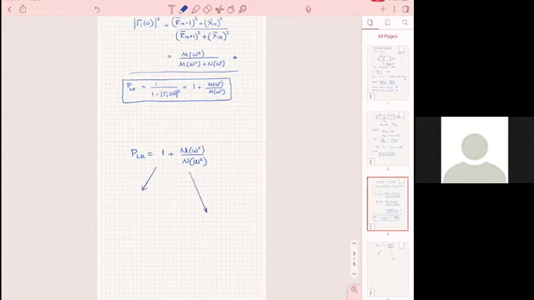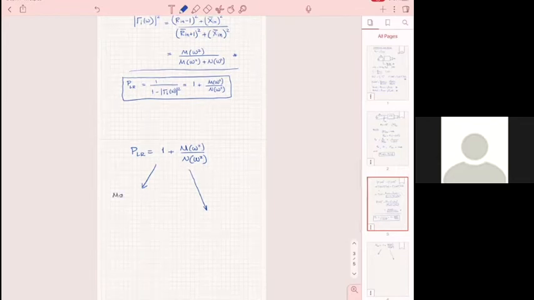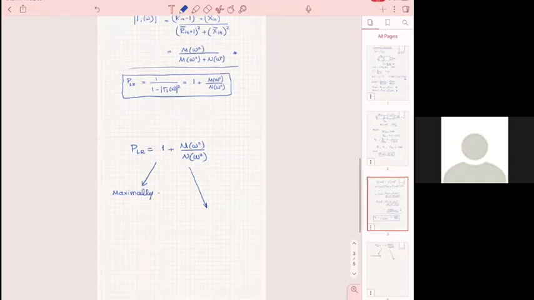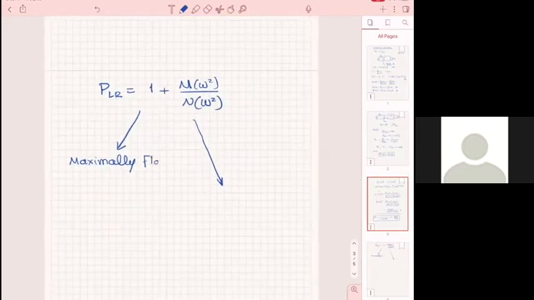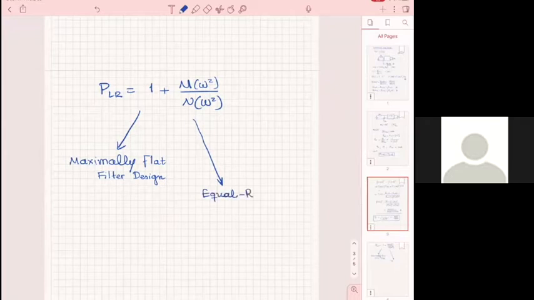One was called the maximally flat filter design, and the other was called the Chebyshev, or equal ripple, design.